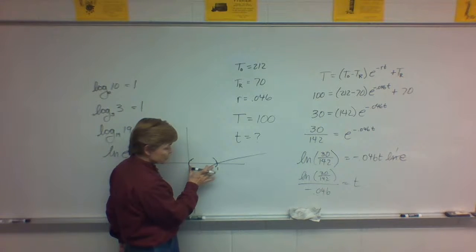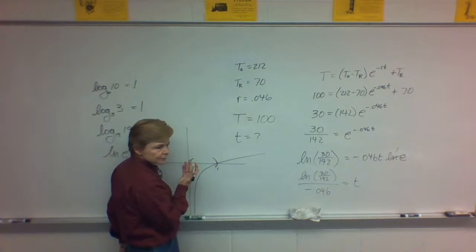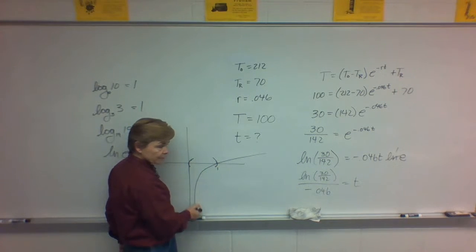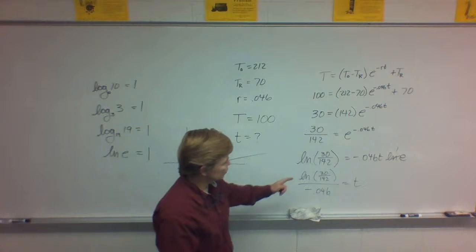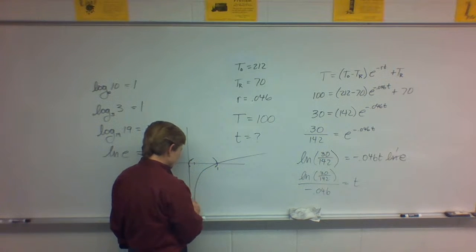Any x value that falls within this range is going to have a negative y value. Do you agree? The only reason I bring that up is because we are logging a proper fraction. 30 over 142 is somewhere in here. It's got a negative value.